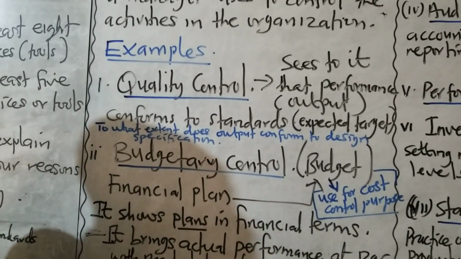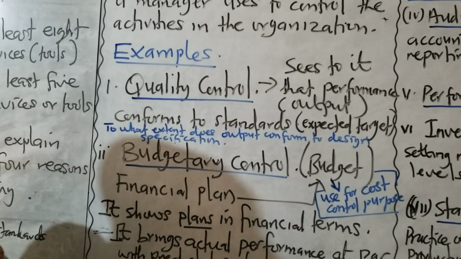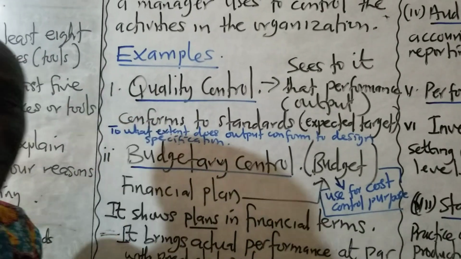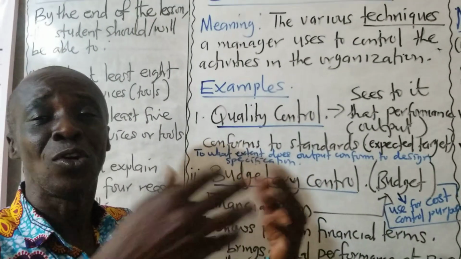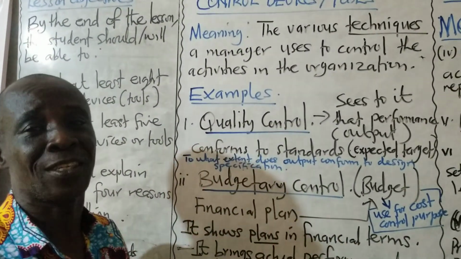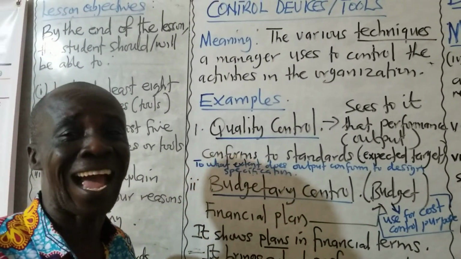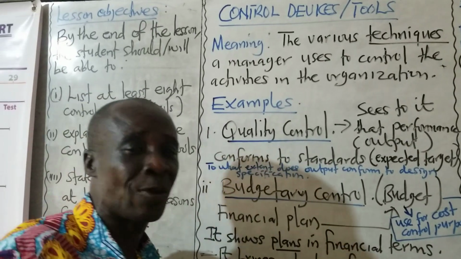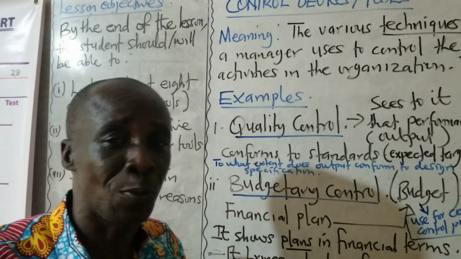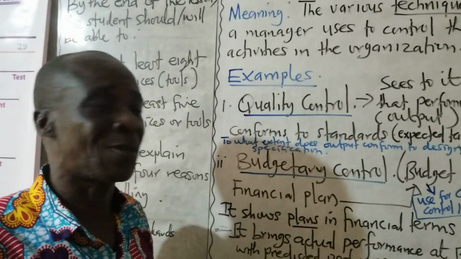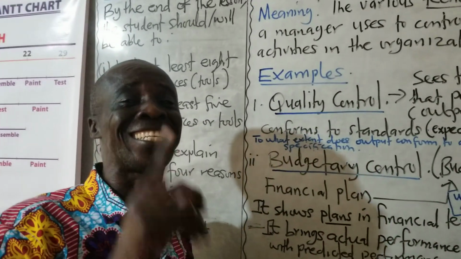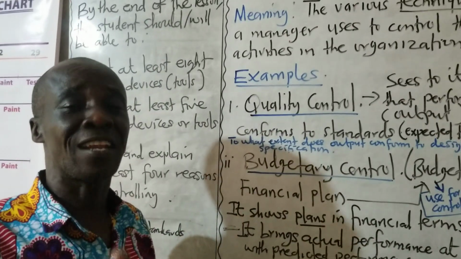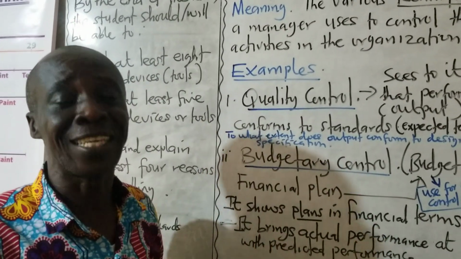And the quality control officer will have to test the product. It has to go to the lab. Maybe he has to taste and feel and do all sorts of inspection to see to it that the output conforms to the design specification. So if he detects any deviation, then corrective measures will be taken.